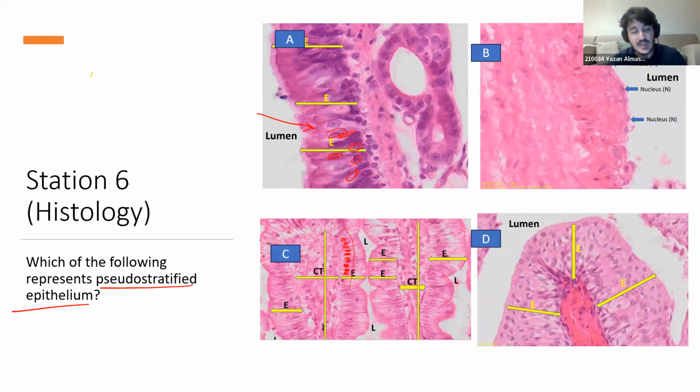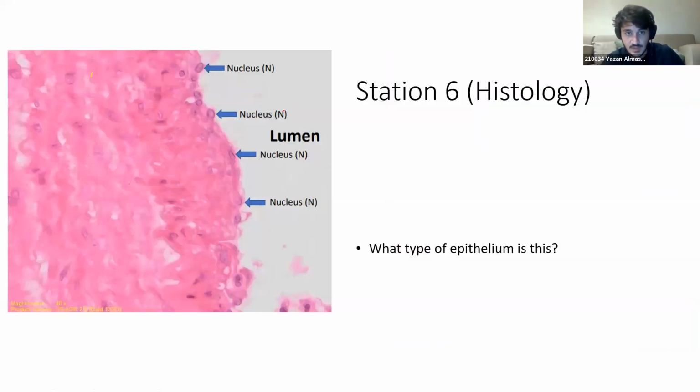And in histology, I would say the most important thing is not to understand as much as it's to memorize the look. Because you might understand, oh, this is like squamous epithelium, but you'll have to visually memorize it to recognize it. So this one, A, is pseudostratified.